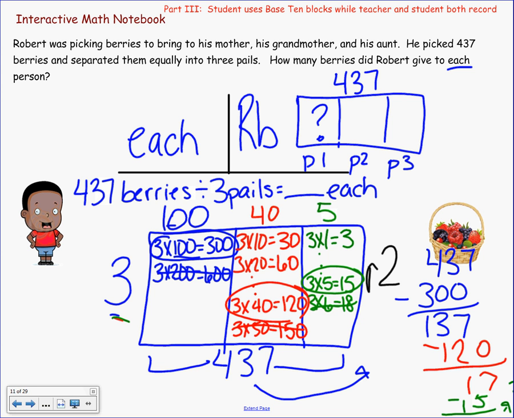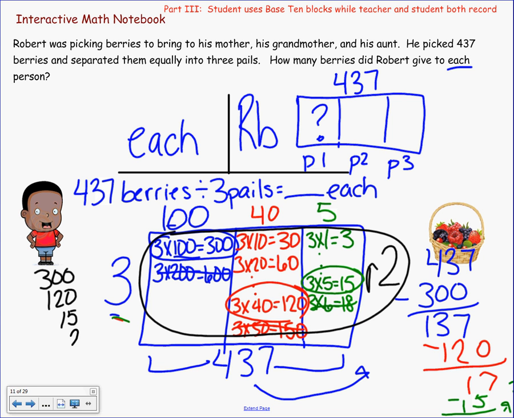Okay, the next step is to add the insides to make sure that I have the correct number. So I'm adding 300, 120, 15, and then I have to be sure to add in that remainder. That's why we add it out to the side, so when we're adding the middle, we don't miss it. 437, this matches what I started with, so the inside is correct.